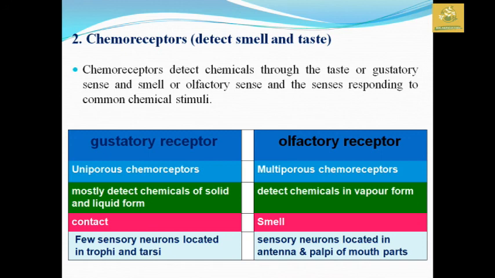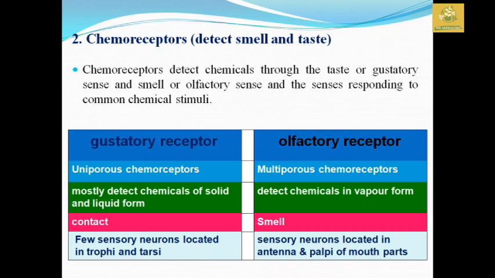Between gustatory and olfactory receptors, both form uniporous chemoreceptors, and gustatory receptors mostly detect chemicals in solid and liquid form, while olfactory receptors detect them in vapor form.